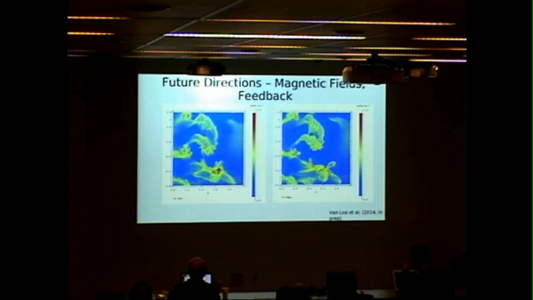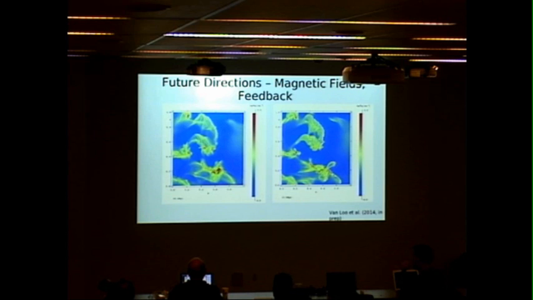And this is some work that Sven van Loo is working on now, running this simulation region with magnetic fields. So this is the unmagnetized case, and this is with a field of 10 microgauss. So you can see in the magnetized case, there tends to be more long, thin filaments and slightly less fragmentation.